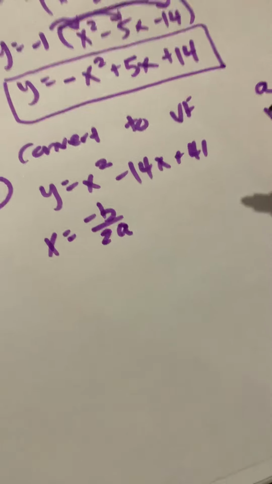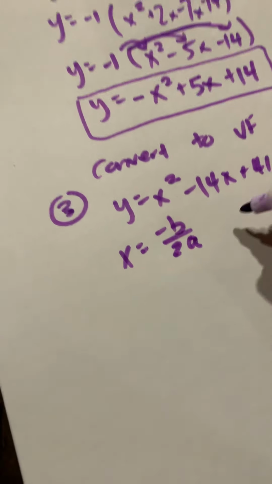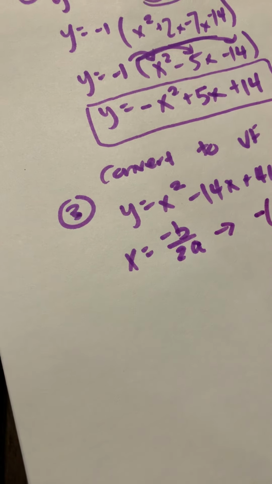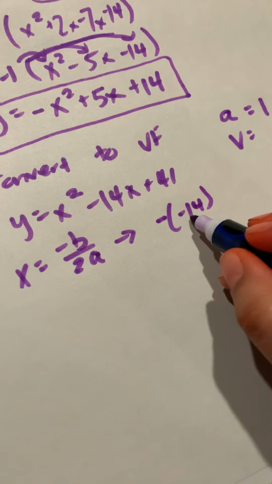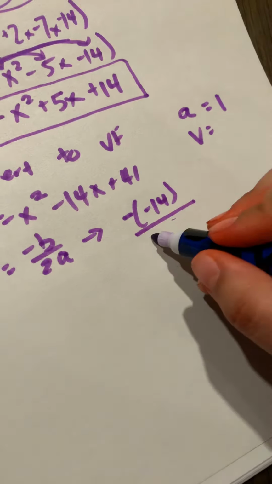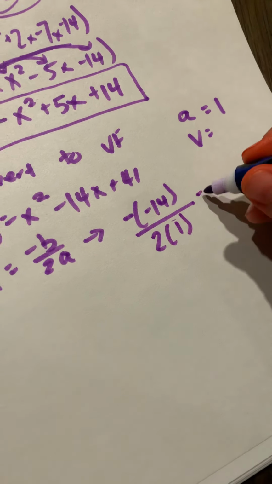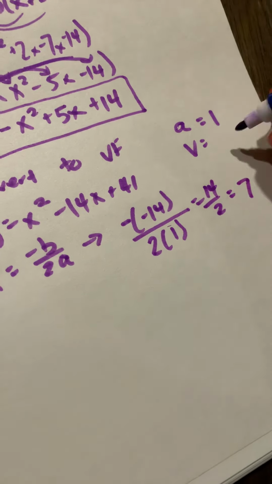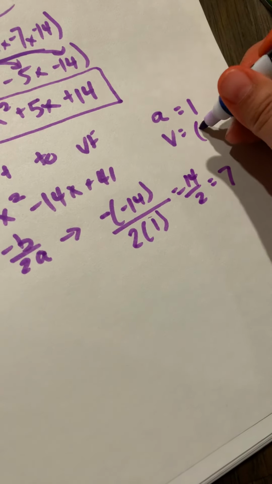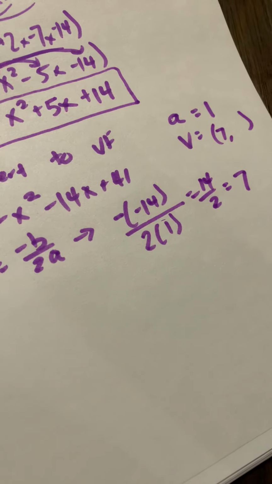So we're going to use that idea here. So we'll do the opposite of b, which is the opposite of -14, divided by 2 times a, which is just 14 over 2, which is 7. So I know that the x in my vertex is 7.